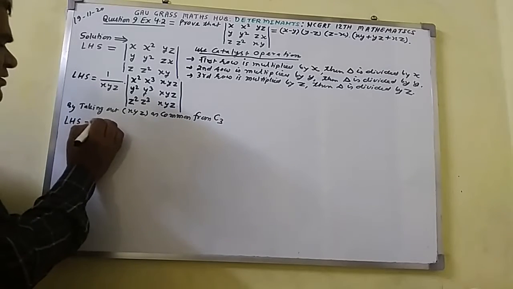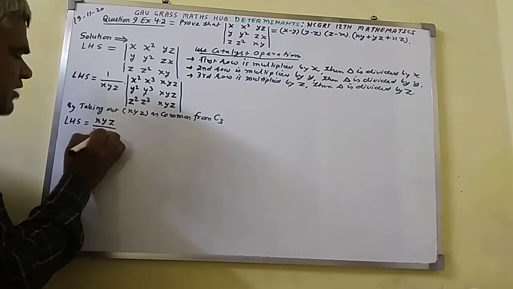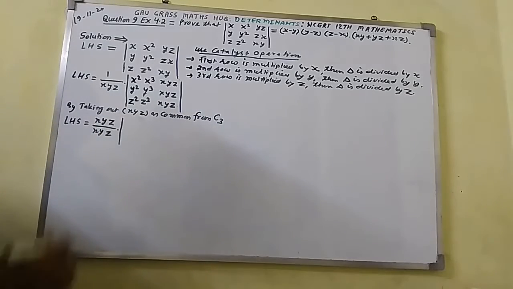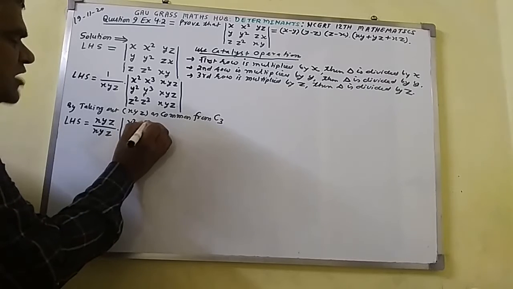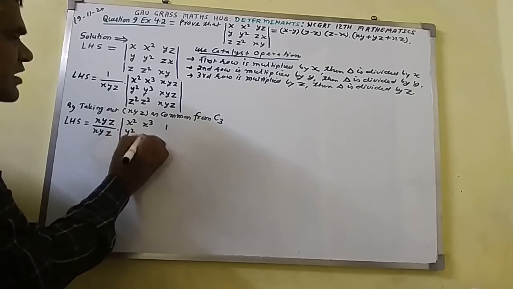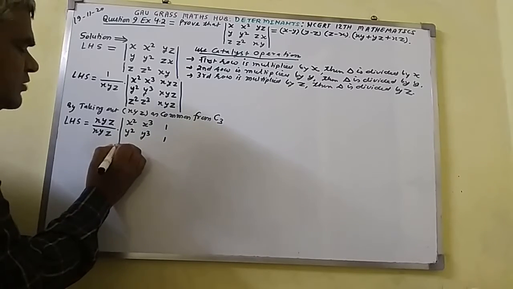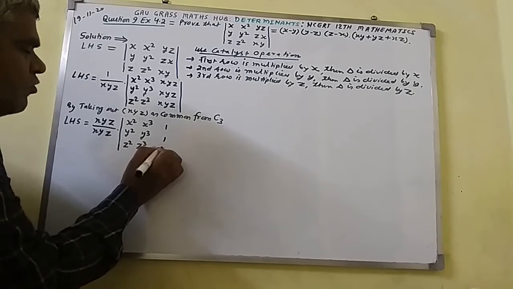So here we will get x, y, z over x, y, z dot that will be: x square, x cube, 1. Here you will get y square, y cube, 1. Here you will get z square, z cube, 1.